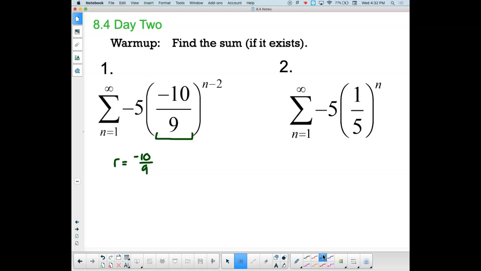It's actually approximately negative 1.11111. So that means that no sum exists because our R value is not between negative 1 and positive 1.